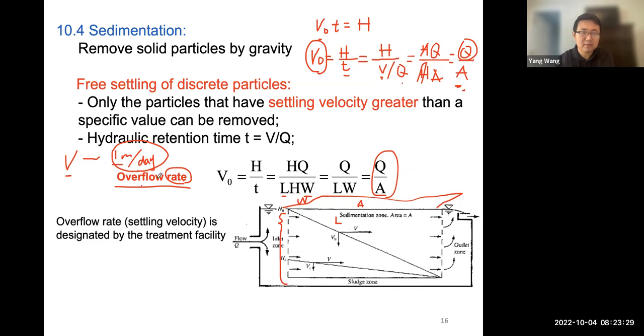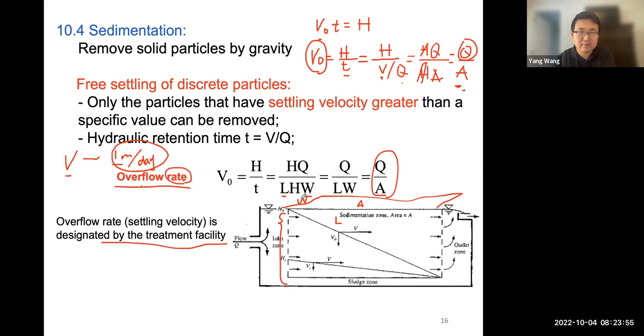Here, the overflow rate or the settling velocity is designed by the treatment facility. They will determine a critical overflow rate or settling velocity that they want to remove. For particles that have a smaller settling velocity, they won't care, because those particles will get removed by the filtration or the sand filters.